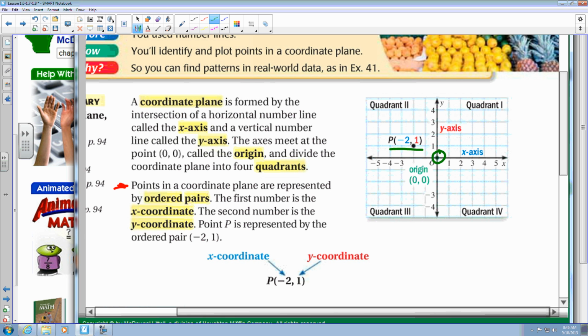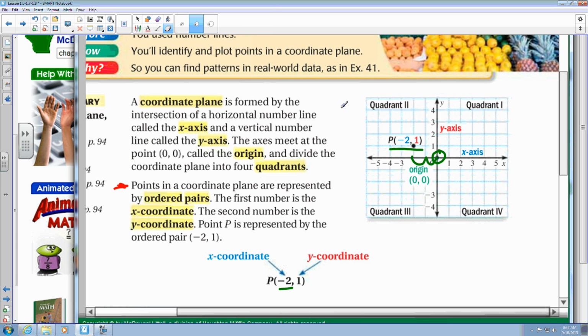If the point is to the left of the origin, then our x value is going to be negative. If our point is to the right of the origin, then our x-coordinate is going to be positive. In this case, it's to the left, so our x-coordinate is going to be negative. We're going to go 1, 2, so it's -1 and -2. That's why we get the -2 as our x-coordinate.